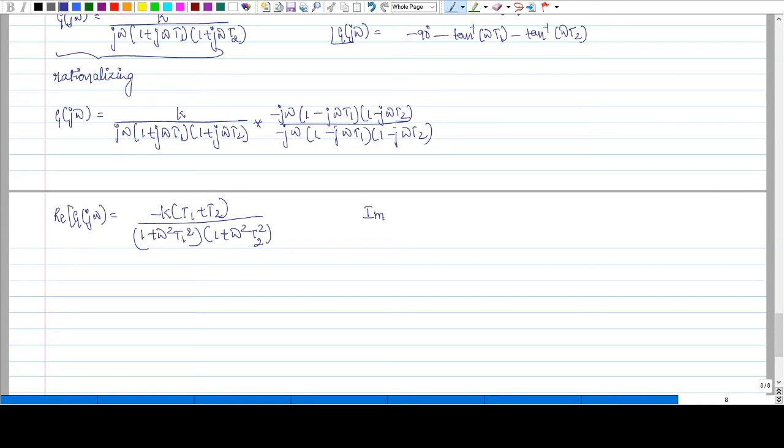Similarly, the imaginary part of G of j omega is equal to minus (1 minus omega square T1 T2) divided by omega into (1 plus omega square T1 square)(1 plus omega square T2 square). So with this we know that T1, T2 is greater than 0. So your real part will always remain negative no matter what your omega value is.